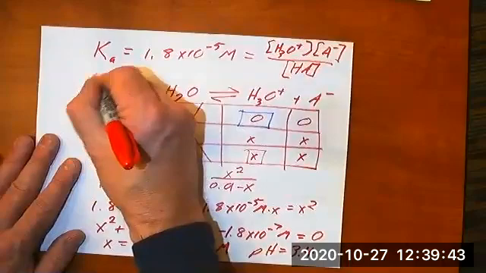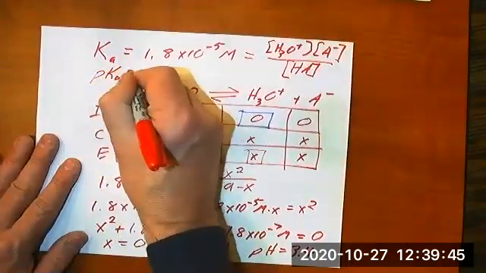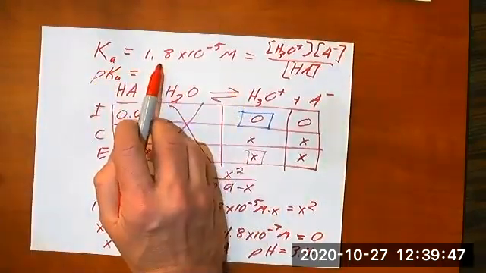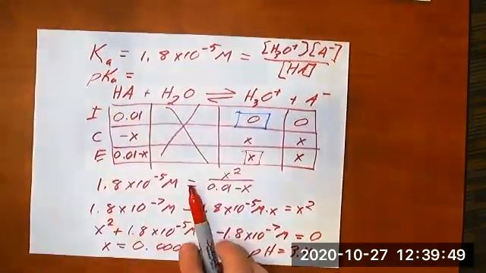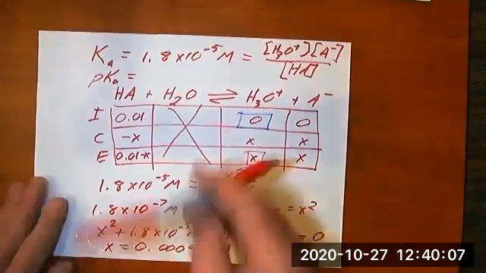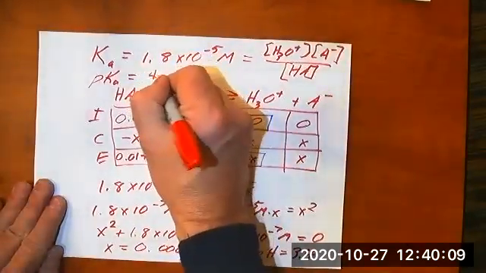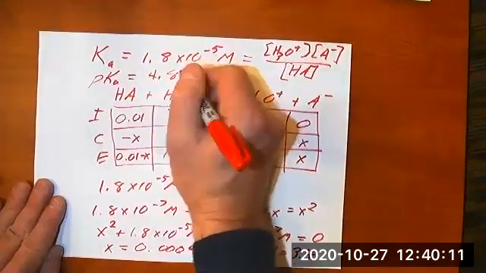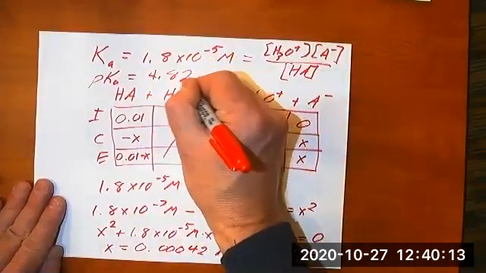And so this would have a pKa of negative log base 10 of 1.8 times 10 to the minus 5, which I will put in here, 1.8 times 10 to the minus 5, and we get a pKa of 4.882, something like that.